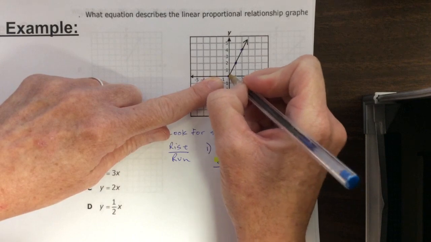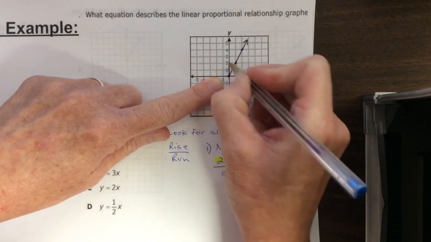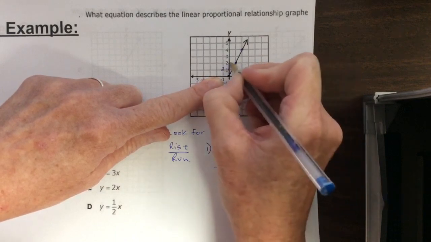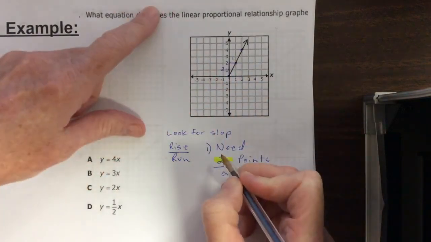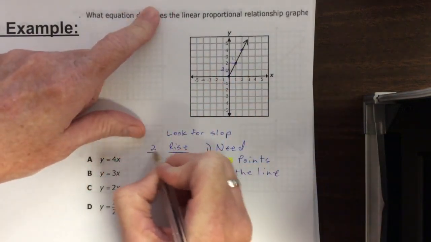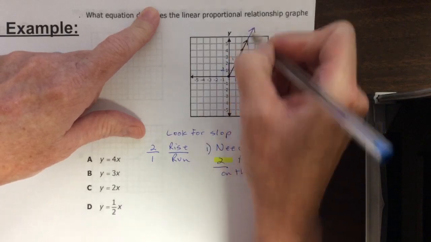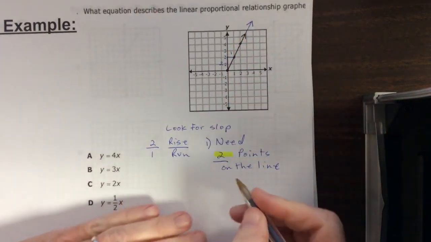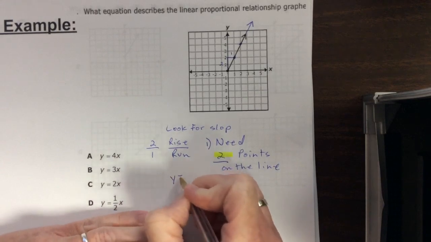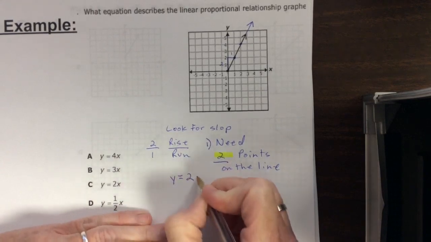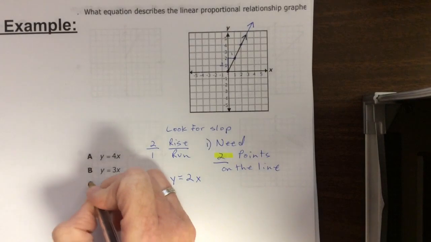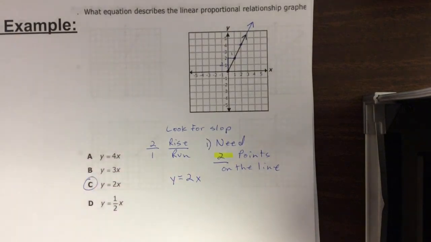So to find the slope, we're going to rise 2, and we're going to run 1. So our rise is 2, our run is 1, and we can see that this line is going up, so it's positive. So we now know that y equals 2x. Therefore, your answer would be C.